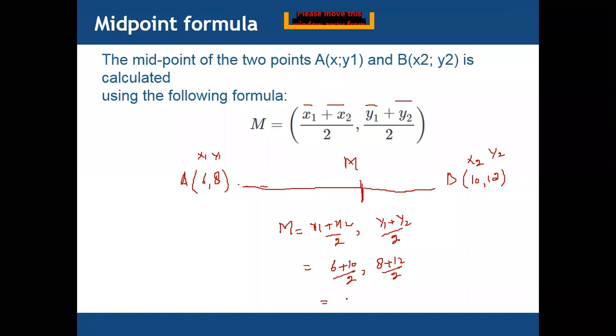So 6 plus 10, 16 divided by 2, and 8 plus 12, 20 divided by 2. So 16 divided by 2 is 8 and 20 divided by 2 is 10. So the coordinates of the midpoint are 8 and 10. Midpoint formula.